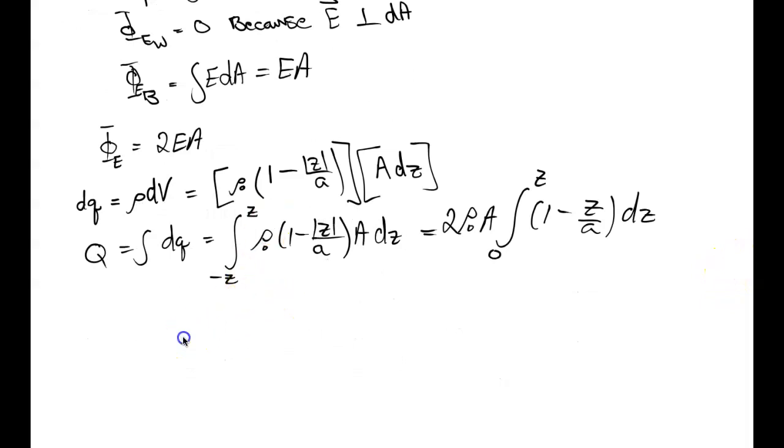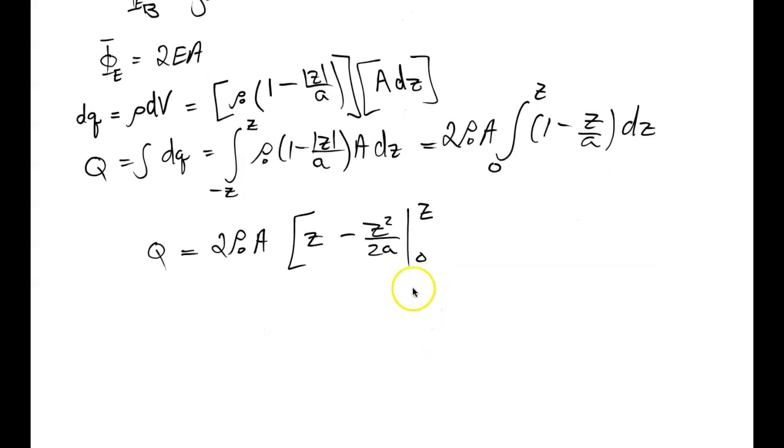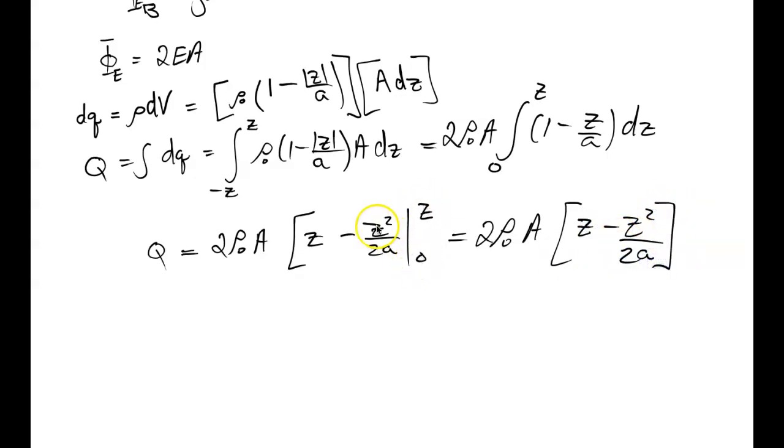And now this is much easier to integrate because this is 2 rho naught A times z minus z squared over 2a evaluated between 0 and z, which is going to equal 2 rho naught A times z minus z squared over 2a. And when we plug 0 in here, we get 0, so it's the same.